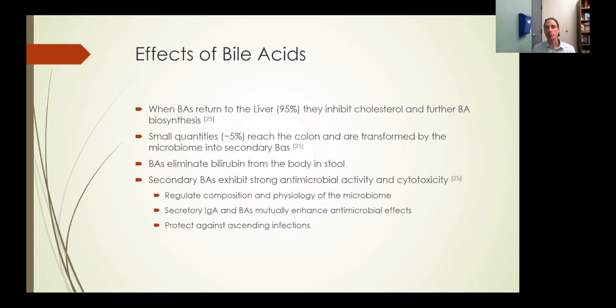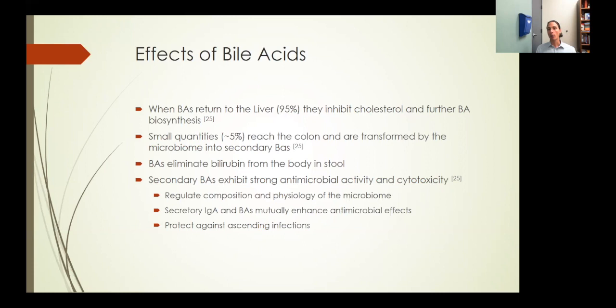When these bile acids return to the liver, 95% of them, they inhibit cholesterol and further bile acid biosynthesis. So in a previous lecture in the hepatology modules, it was discussed how dietary fiber binds up cholesterol and bile acids, sequesters it, and pulls it out when someone has an elimination, when they have a bowel movement.